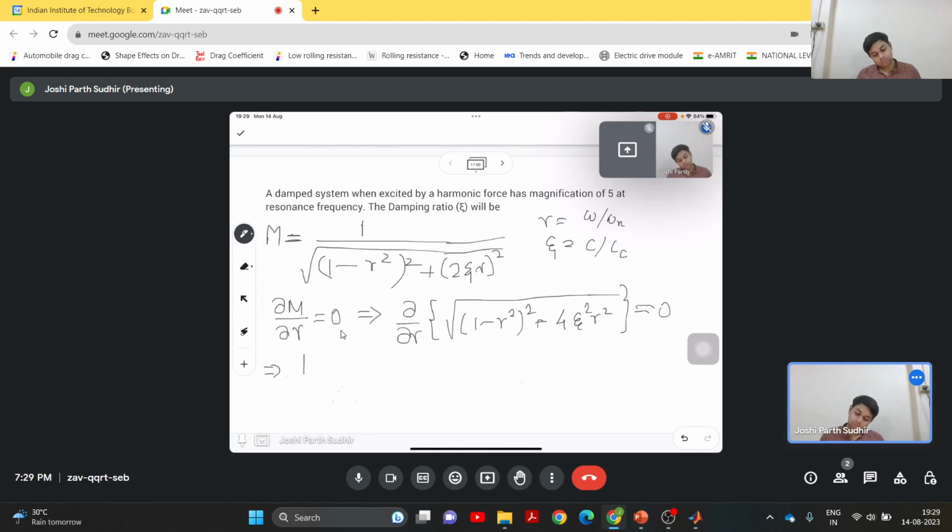Then we get 1 upon twice the square root of the denominator expression, into 2 into (1 minus r square) into the derivative of r square, which is minus 2r, plus 4 zeta square into 2r, is equal to 0.